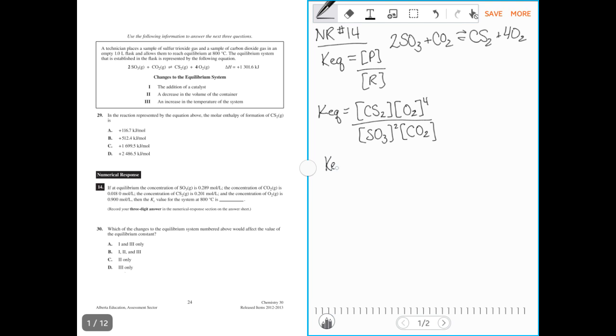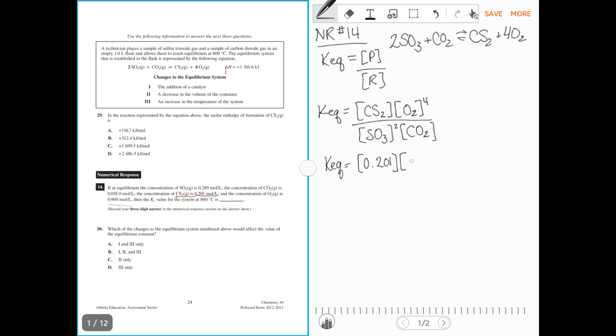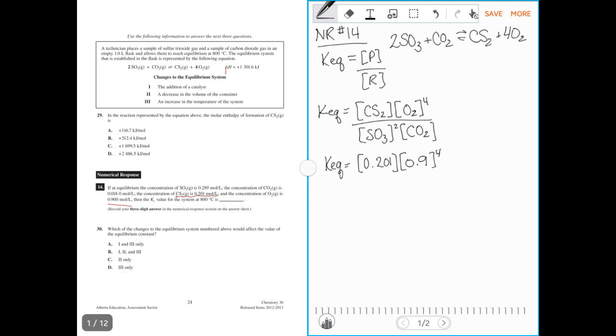So my KEQ then is going to equal, when I look over on my other side here, carbon disulfide, it says, is 0.201. No exponent on that one. And when we look for oxygen, we have 0.9 with the exponent of 4.